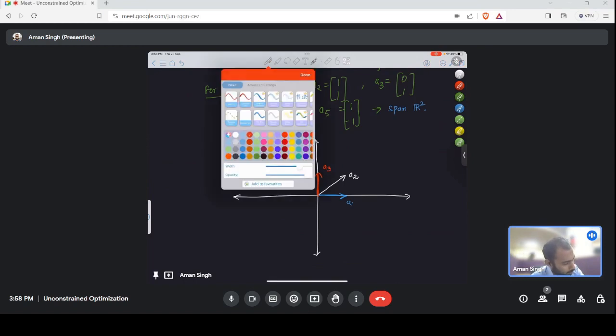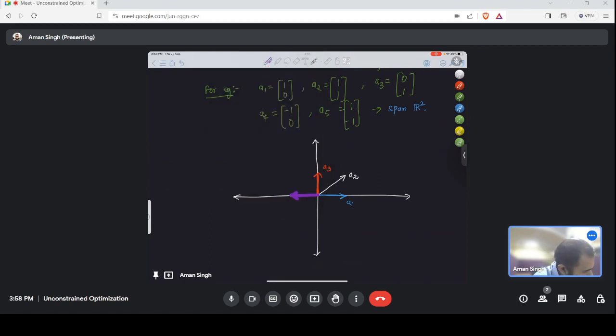A4 is, let's use some other color. This is A4. And I think this is A5. So these are the vectors.